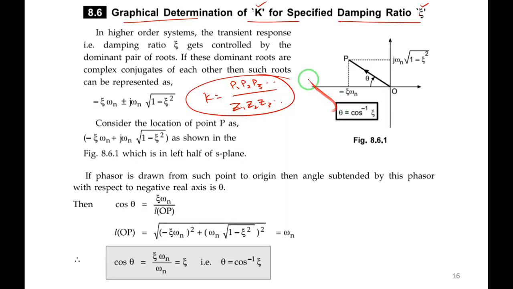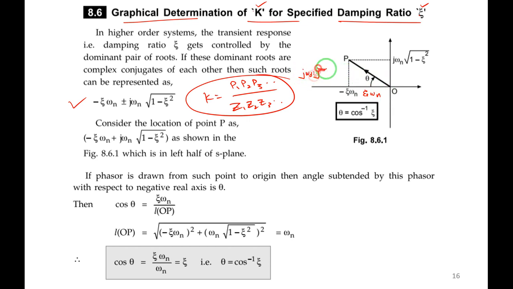I was telling about the graphical determination of k for specified damping ratio z, right? You know this. If there is a complex conjugate pole here, we know that for a second order system the roots are minus z omega n plus or minus j omega d. These are the complex conjugate roots. From here to here it is z omega n, and from here to here it is j omega d.